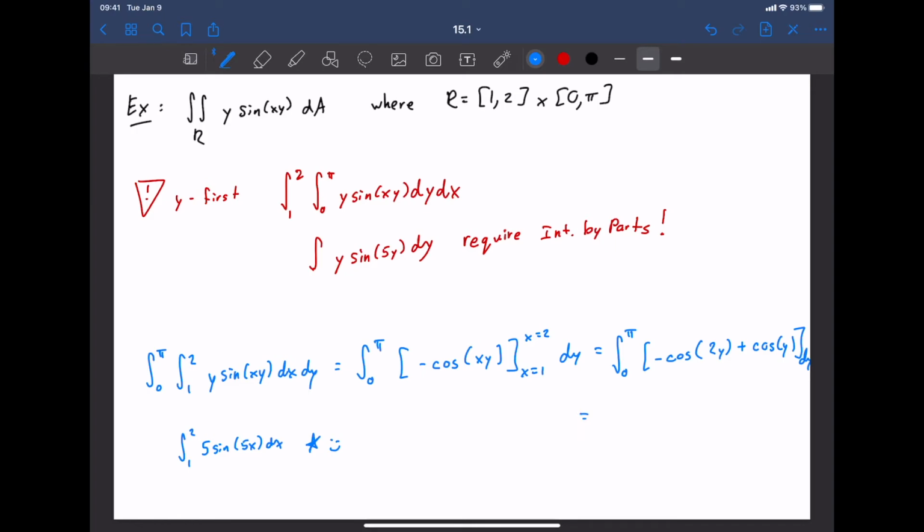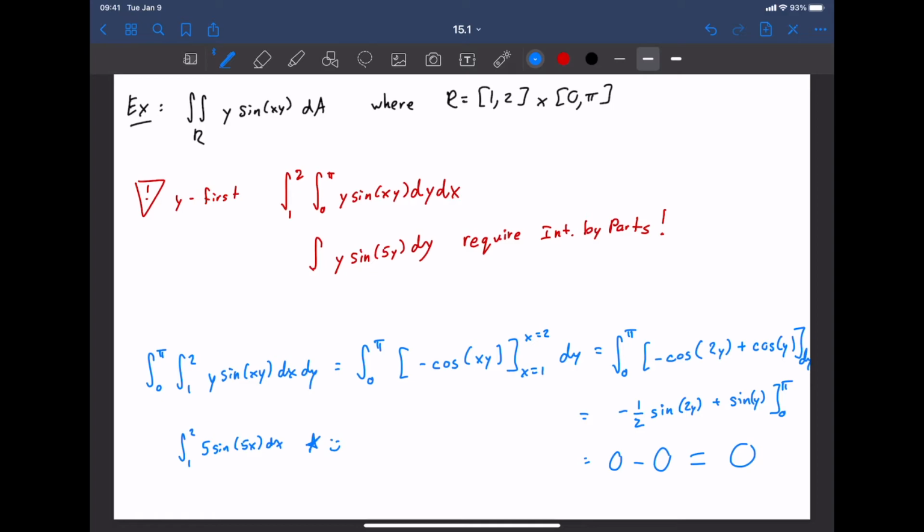Integrating these guys again, we should get negative 1/2 sine 2y plus sine of y, evaluated from 0 to pi. Plugging in pi gives me 0. Plugging in 0 also gives me 0, so it's 0.